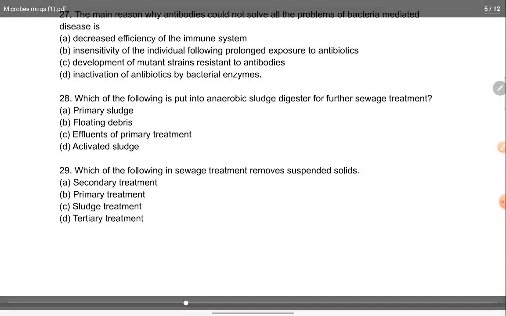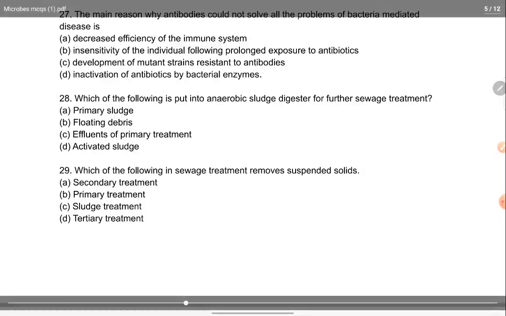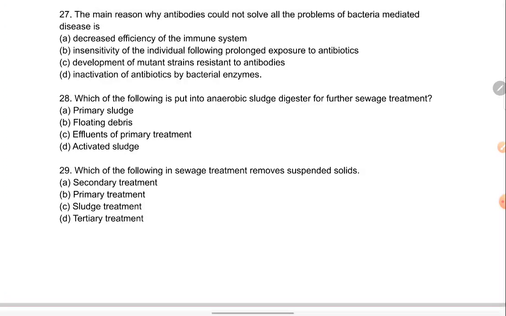Development of mutant strains resistant to antibiotics. While taking these antibiotics, the microorganisms will develop resisting power, so that many genetic changes or mutations will take place in their body, and many mutant strains will develop that can resist antibiotics.